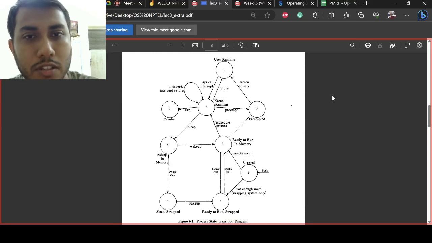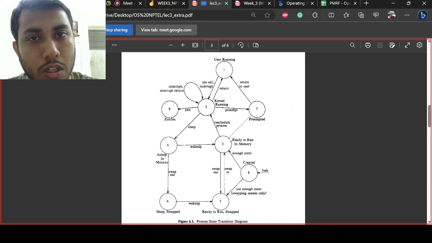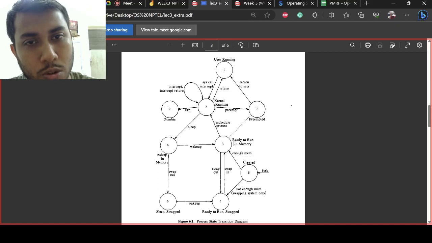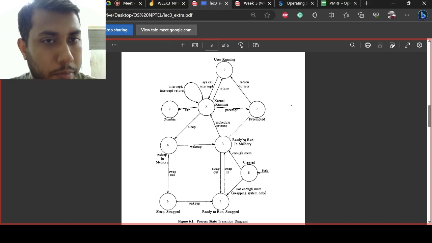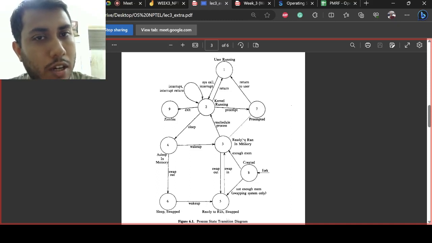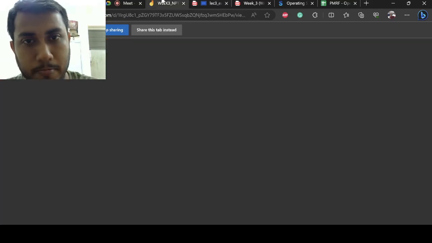Going back to the ready queue due to interrupt and all, it happens mostly through preemption. That is, it has either timed out, or it has been interrupted for running a higher order process.